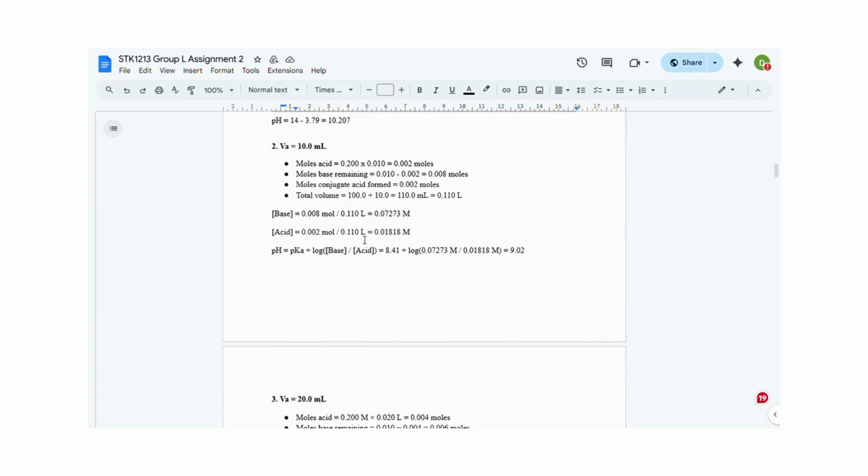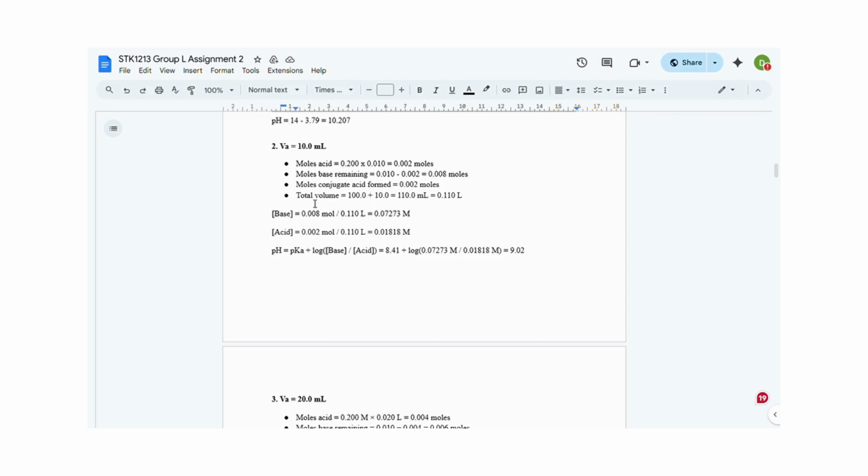But when the acid is added, we need to calculate moles of acid and moles of base remaining. So this is how we do it: 0.2 mol times 0.01, which is 0.002 moles. And then for the base remaining, we subtract and we get 0.008 moles.